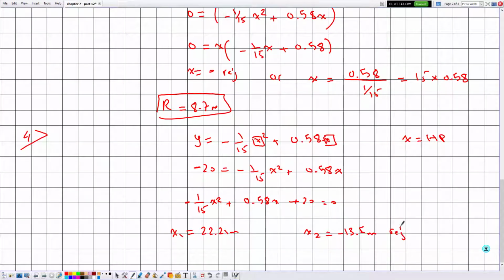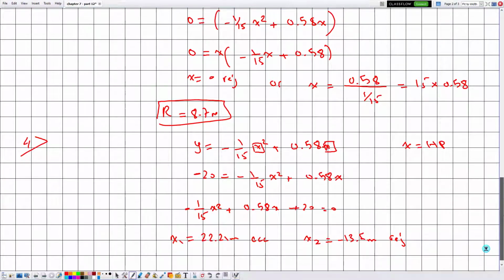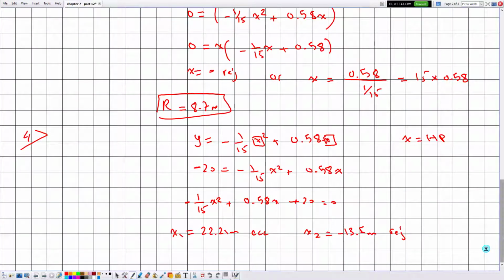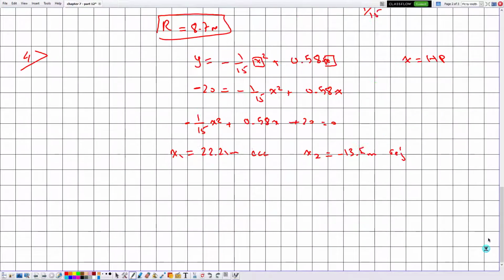This is rejected and this is accepted, because it's negative. Okay, so we take the positive distance. So HP is simply given by 22.21 meters.